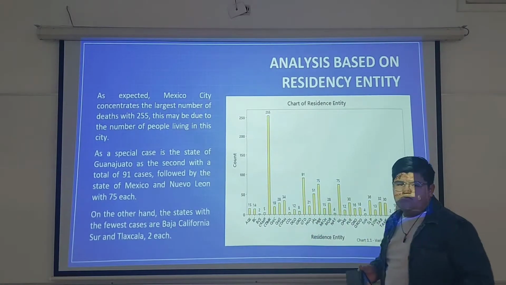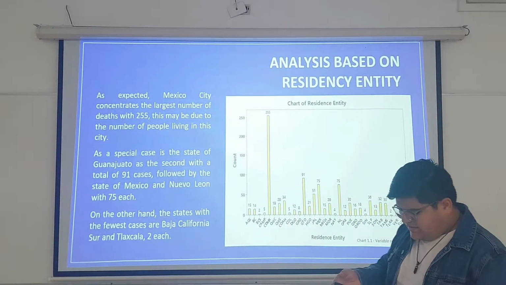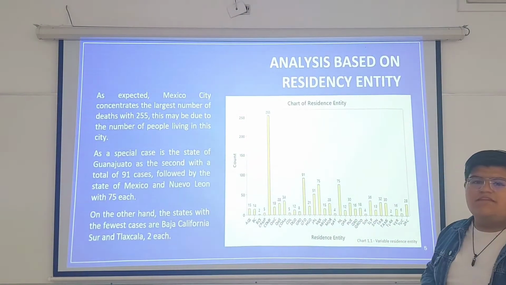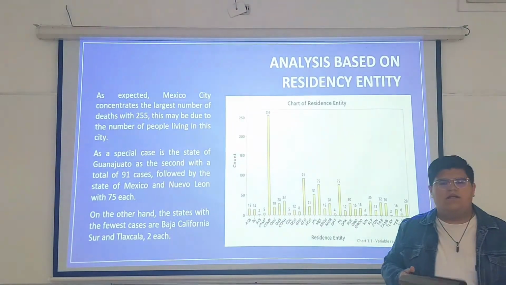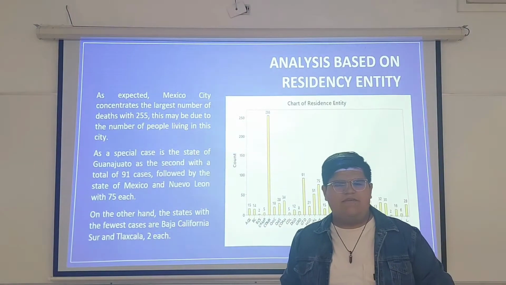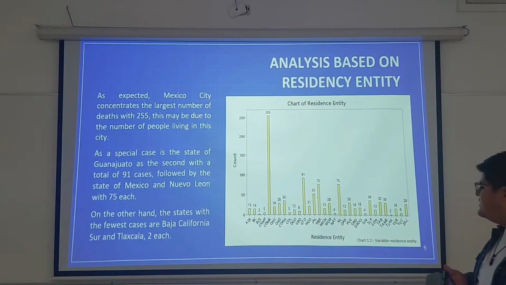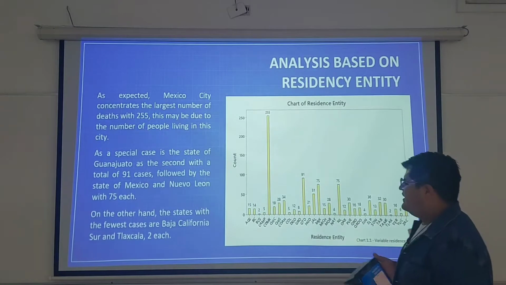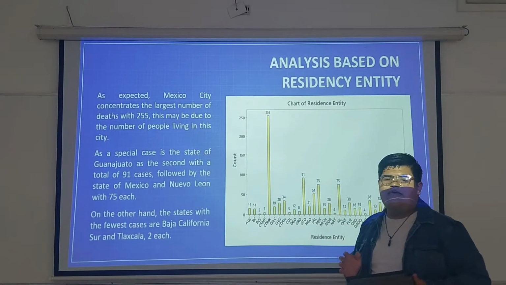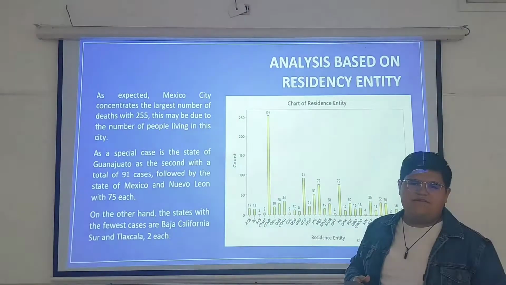This may be due to the number of people living in this place. As special cases, the state of Guanajuato with 91 cases, followed by the State of Mexico and Nuevo León with 75 cases for each state. And on the other hand, the states with the fewest cases are Baja California and Tlaxcala with 2 cases each.